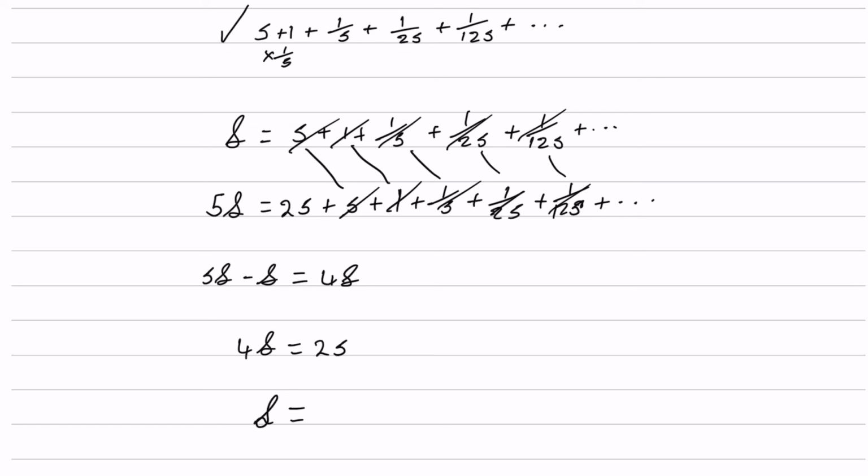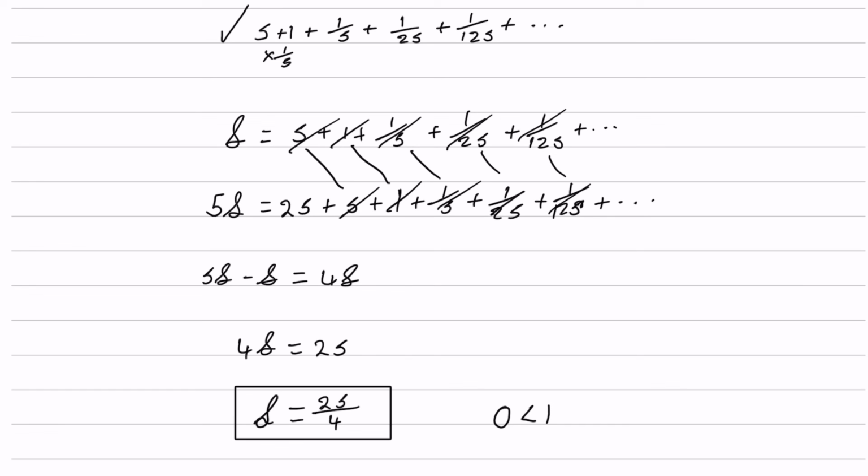And since it goes on forever, there are no terms at the end of this series that don't get canceled out. So we end up with 4s equals 25. And then we can just do a little bit of algebra and say s is equal to 25 divided by 4. And now we have a sum for an infinite geometric series.